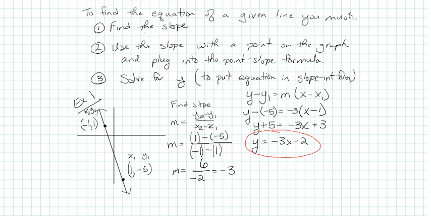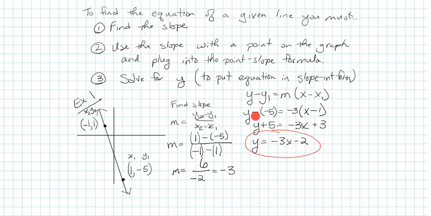Now we're going to use the point-slope form to find the equation of the graph. Point-slope form is y minus y sub 1 equals m times x minus x sub 1. So if we take our x sub 1 and y sub 1 and plug them in to where they need to go, as well as the slope, we should come up with y minus negative 5 equals negative 3 times x minus 1.